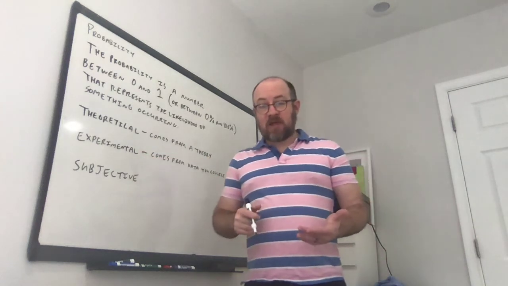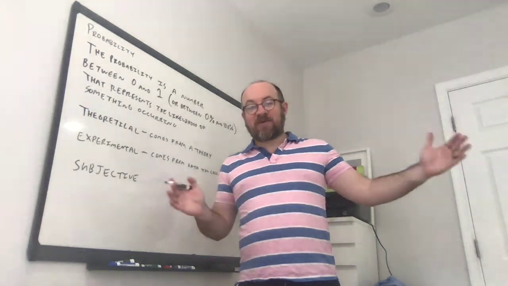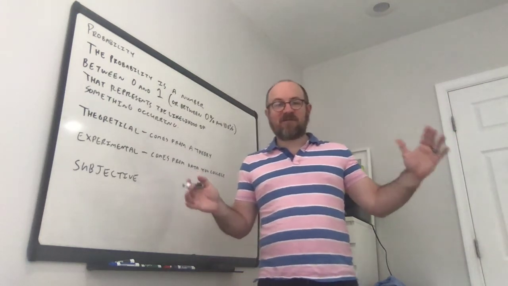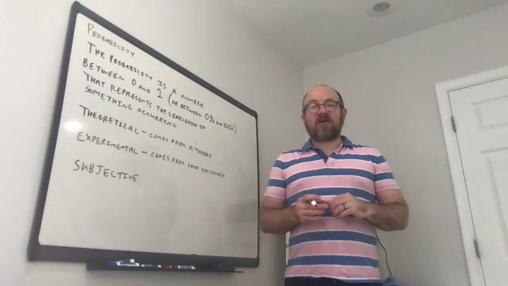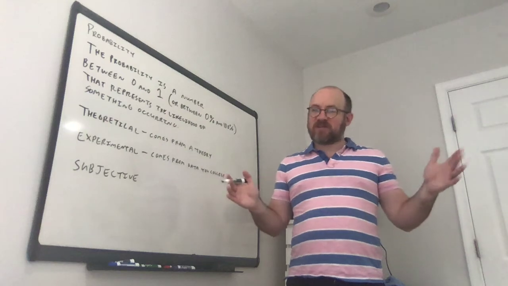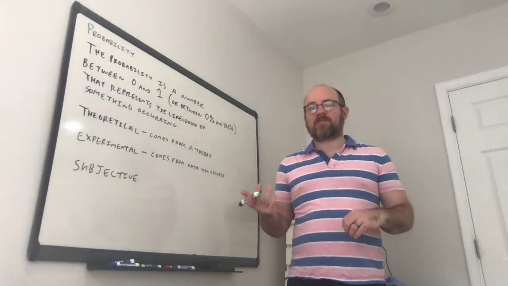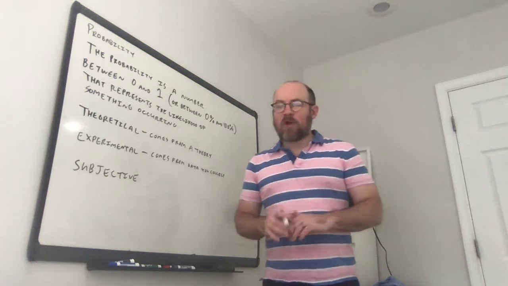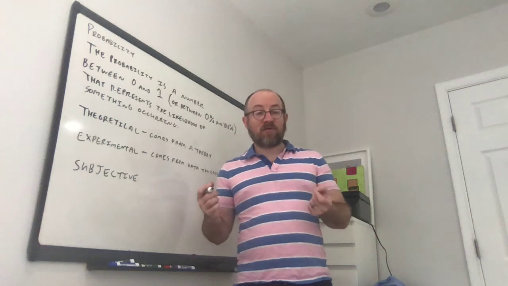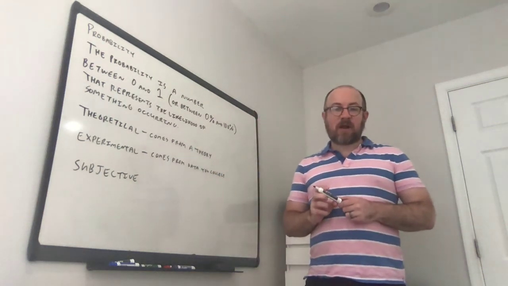Experimental probability would be if you go back and look at all the data that's been collected for the last 30 years in Baltimore or wherever you are, and say, it's rained on 25% of the days, so there's a 25% chance that it rains on any given day, right? That would be experimental probability. So we're not necessarily going to worry about figuring out the difference, but I just want you to know about both of them.